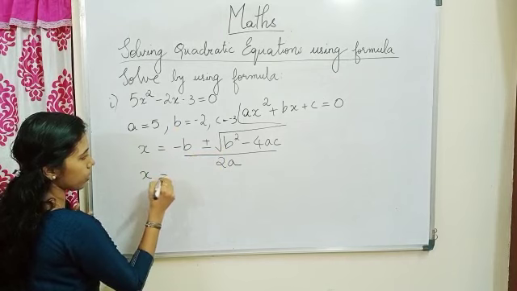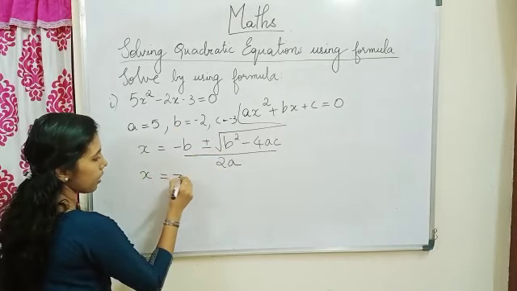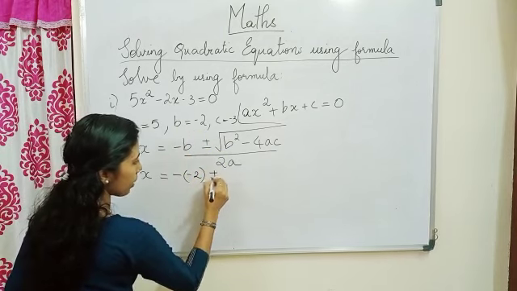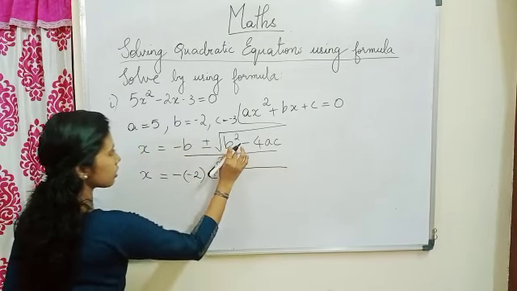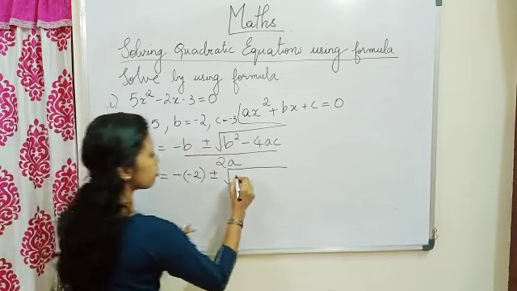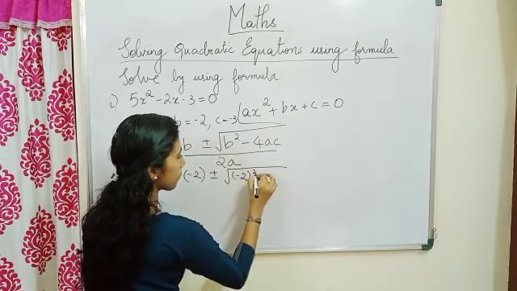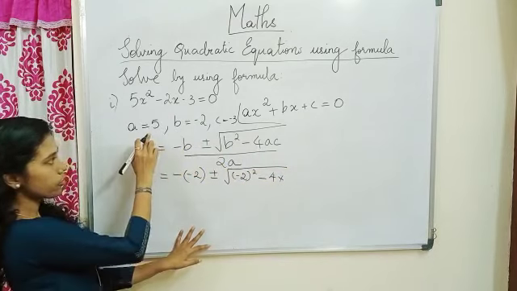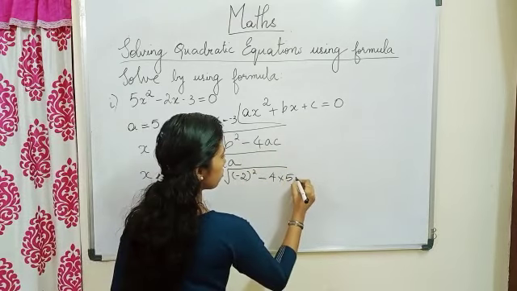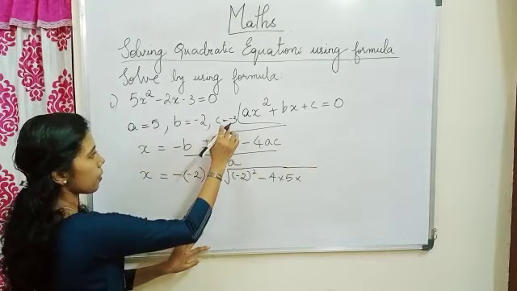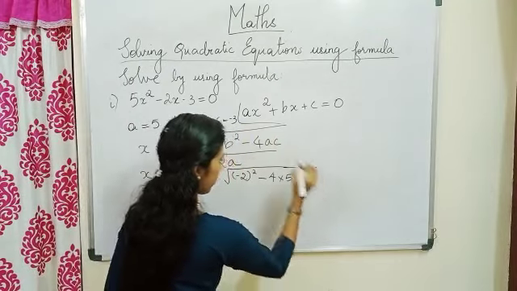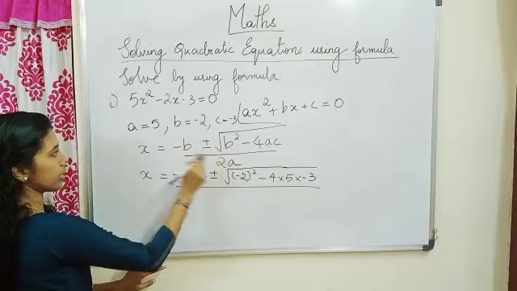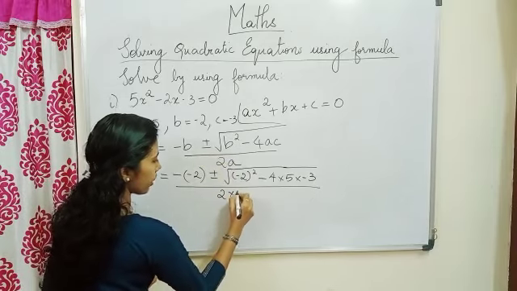So x is equal to minus b, minus of b's value, which is minus 2, plus or minus root of b square, that is minus 2 the whole square, minus 4 into a's value 5, into c's value minus 3, divided by 2 into a, that is 2 into 5.